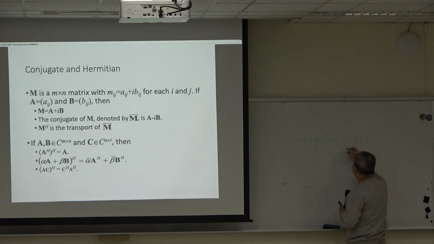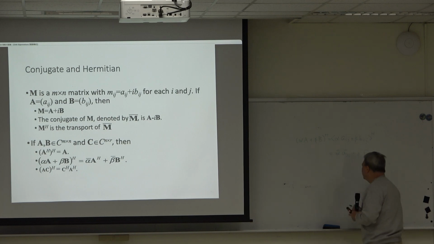So it's alpha bar and a_ij becomes ji, plus beta bar, same thing: b_ij becomes ji and the conjugate.